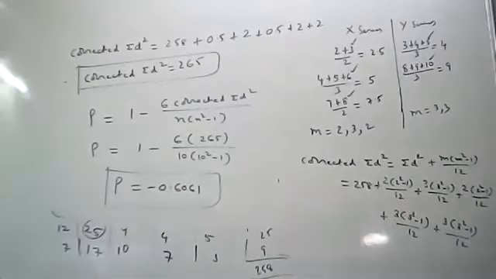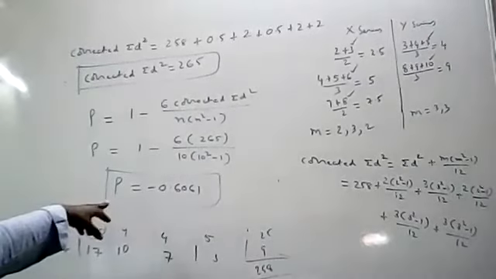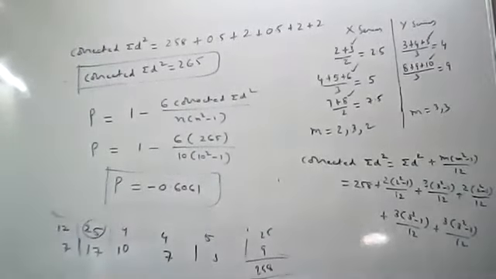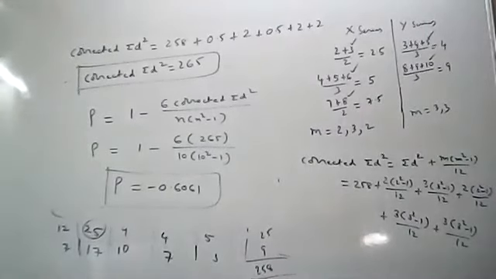Inference from the given data: Spearman's rank correlation coefficient from the given data is given by rho equals, whatever answer you got, rho equals minus 0.6061.